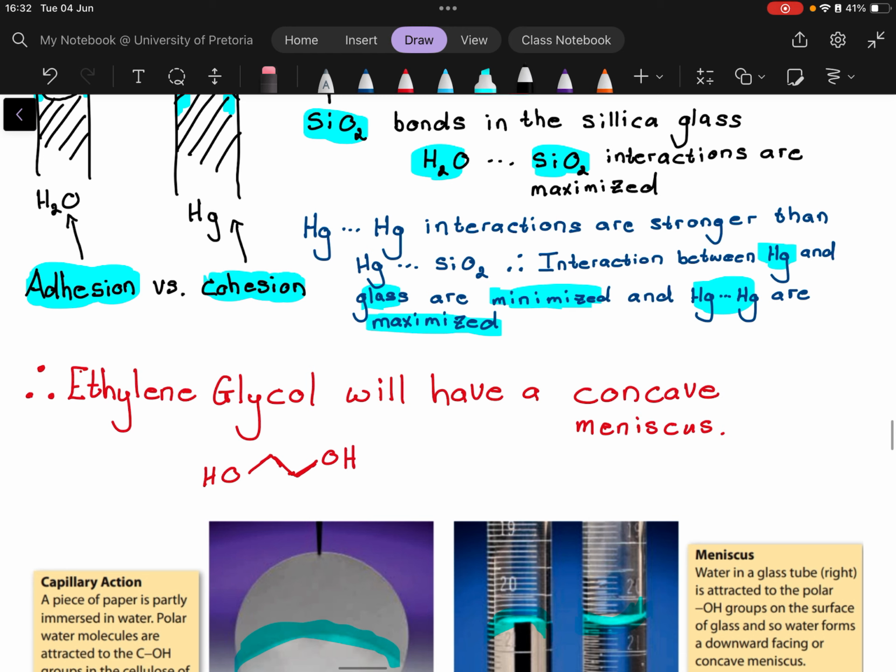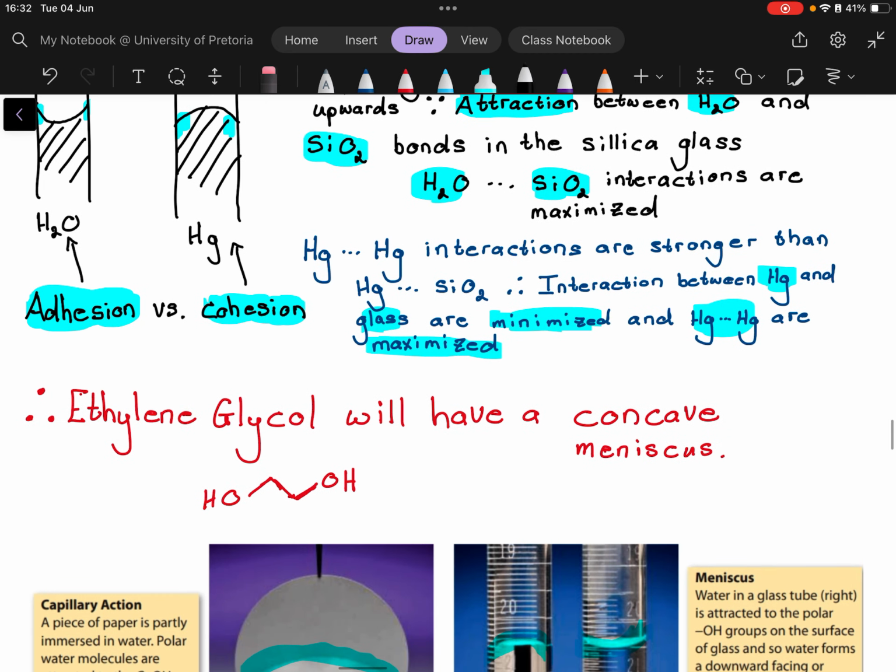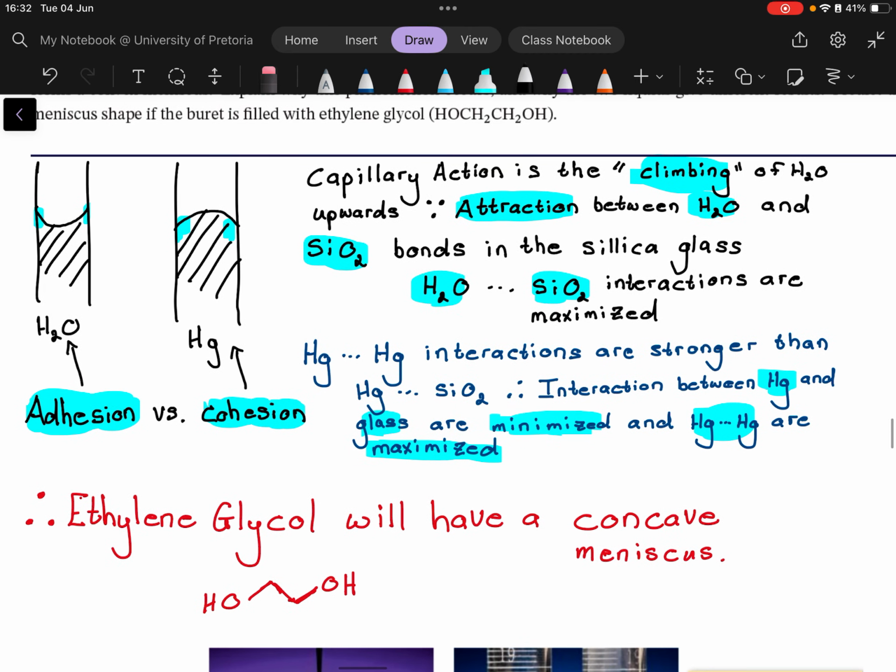So that means ethylene glycol will have a concave meniscus. And the main reason for ethylene glycol, if you look at it, is that it's not like water. There are no open OH or oxygen-silicon interactions that are possible.